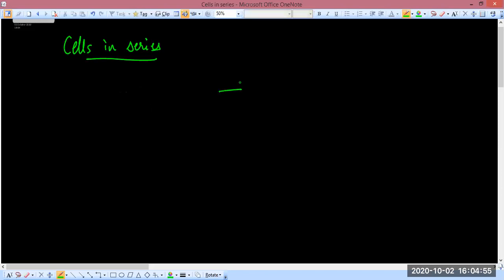So here suppose this is one cell, and let's say this is another cell, and let's say they are in helping condition, that is both are in the same direction, like this. So you don't even need to take that capital R, that external resistance.